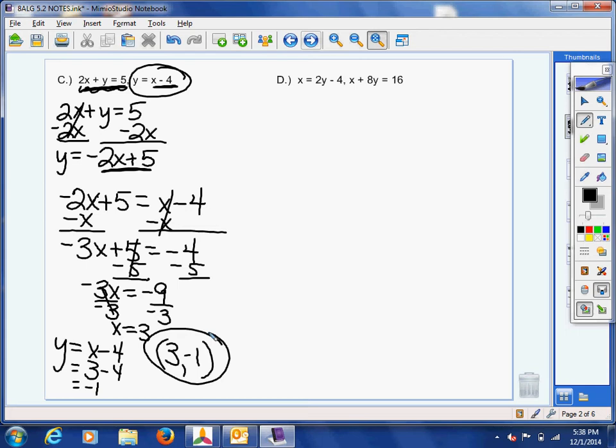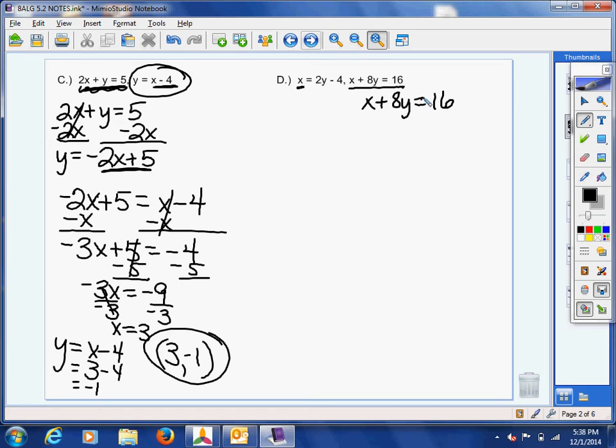Okay, let's look at D. Notice this time they solved for x. Okay, let's use our logic. Would that be a good idea to do here in the second one, solve for x? If you said yes, I totally agree with you. And let's get x plus 8y so that x is by itself.